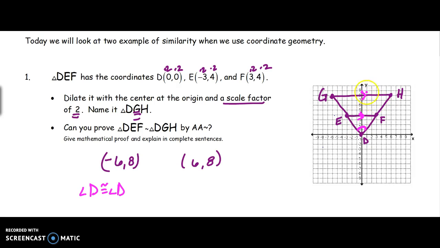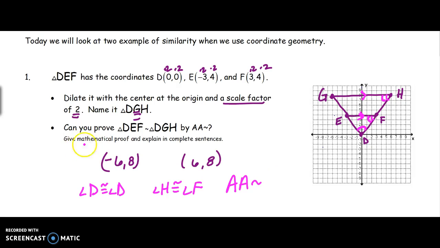They have the same slope. They're parallel. Therefore, we can say that H and F are corresponding. Therefore, corresponding angles are congruent. So you can say angle H is congruent to angle F. And therefore, these are similar by angle, angle similarity.